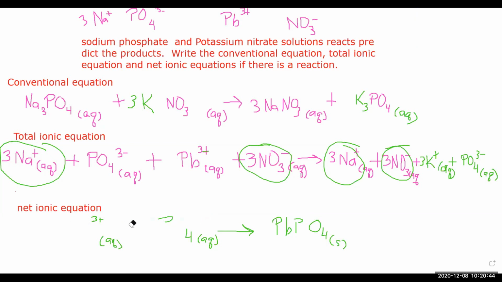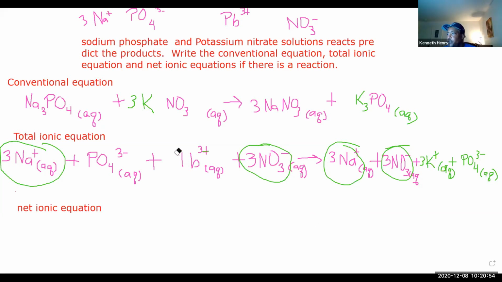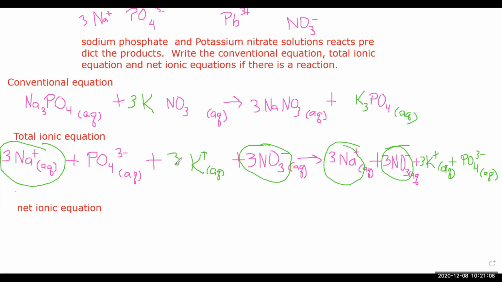You cancel out PO4 3- and you're only left with lead and potassium. Oh, sorry. There's no lead anymore. Let me get rid of that. Now we just have potassium. Okay, now everything cancels each other out? Everything cancels each other out.